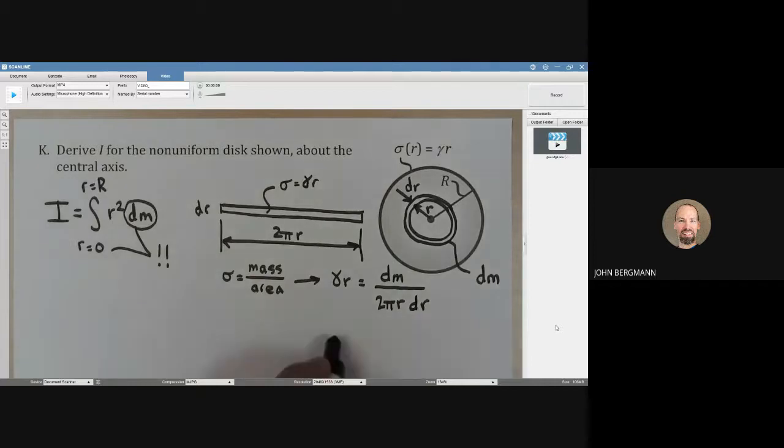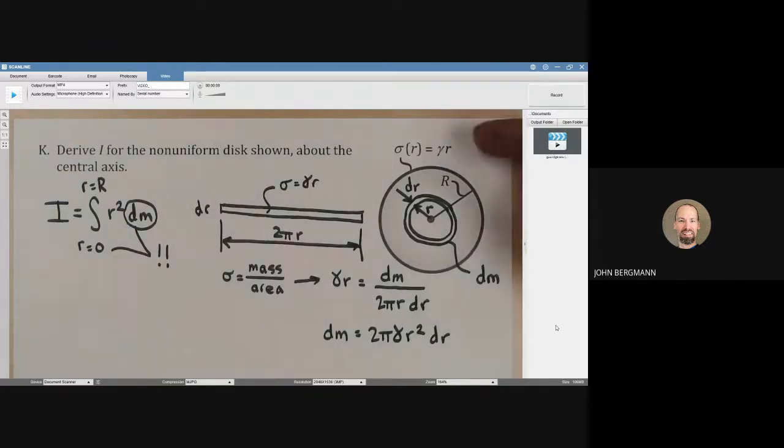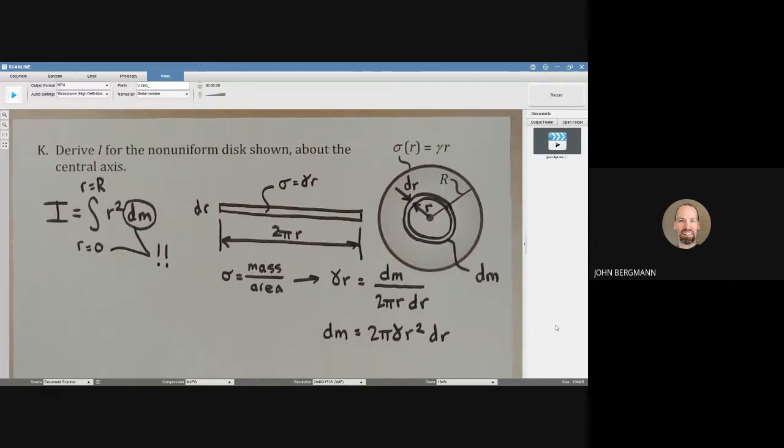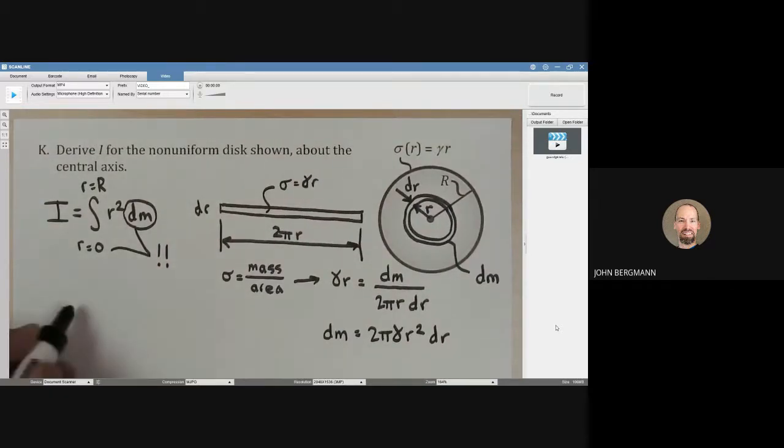Can I fit it on here before moving the paper? I think I can. dm is going to be 2 pi gamma r squared dr. For this specific case, according to how sigma varies, that's what dm is, and that needs to be substituted in over here. So let's do that.